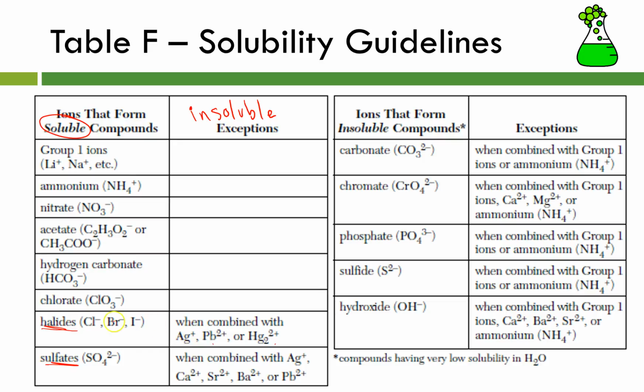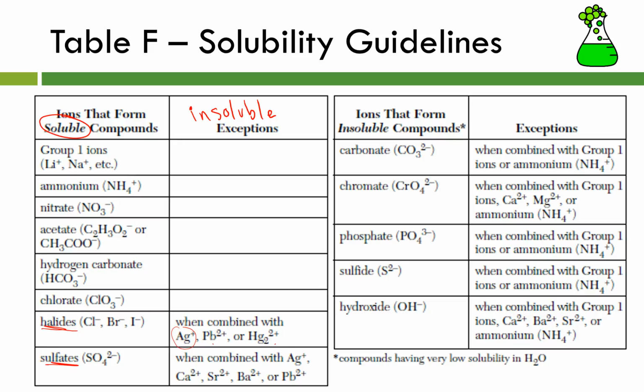So something like silver chloride is going to be insoluble. Even though chlorides are usually soluble, silver is an exception. Same thing with sulfates. Sulfates are usually soluble compounds. We have some exceptions. When you combine sulfate with any of these ions listed, you're going to produce an insoluble compound that will not dissolve in water.